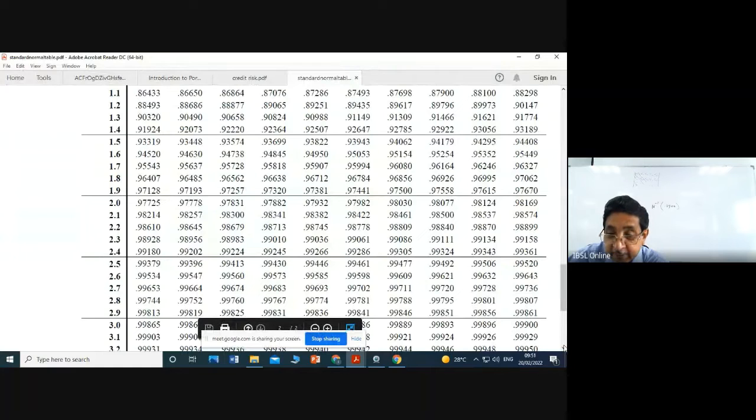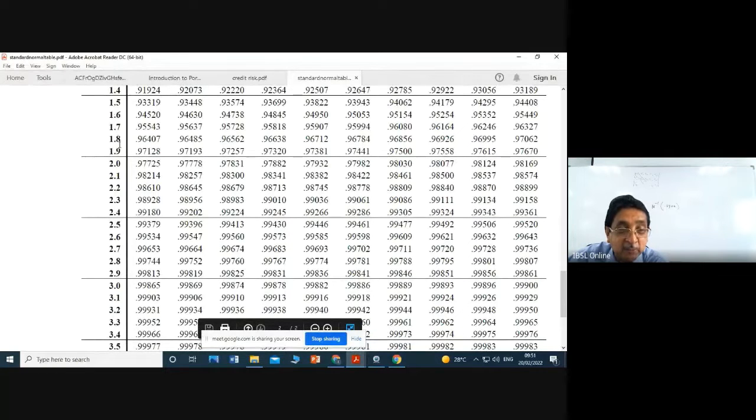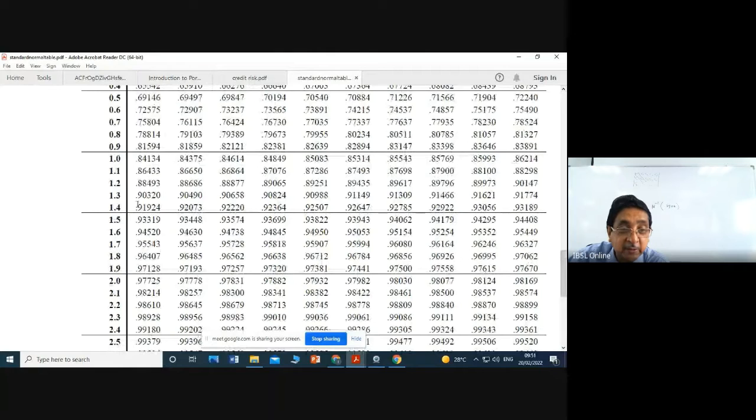Just go through this table and find this figure in the table, not on the edge of the column. All are here 0.99 something. It should be somewhere here, 0.8906.